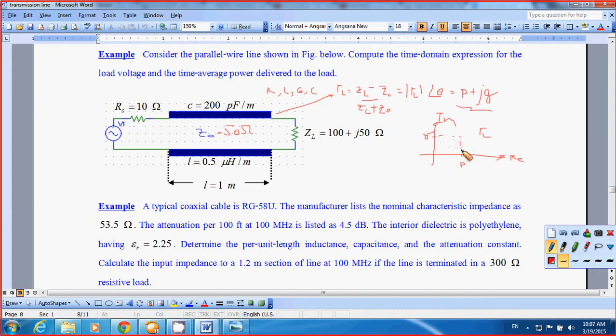You can draw a line as the vector of your reflection coefficient with the phase angle theta.